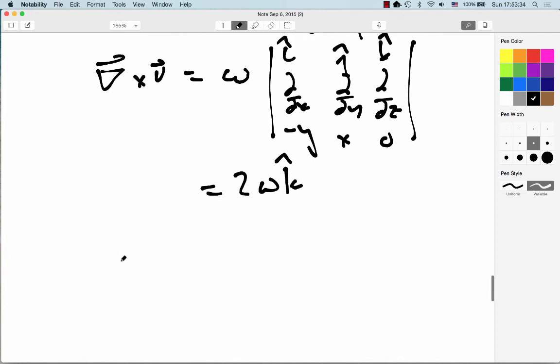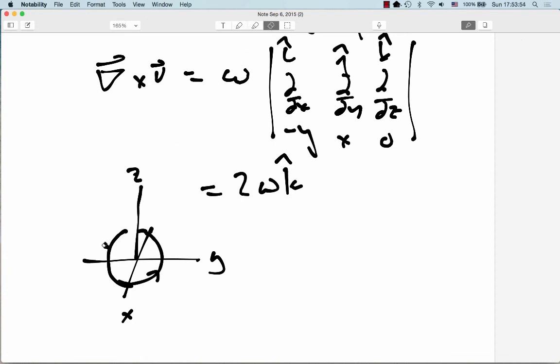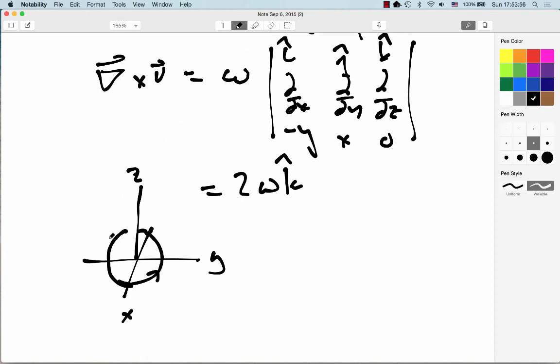So if we were to plot this, here's my x, y, z like so. My water is circulating around like that. And my curl is pointing like that. So it matches the sense of the right-hand rule.